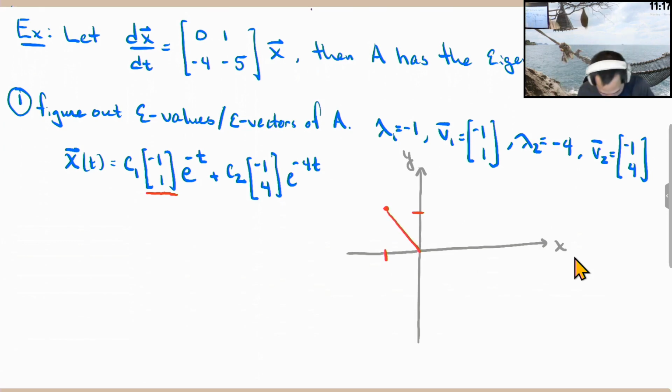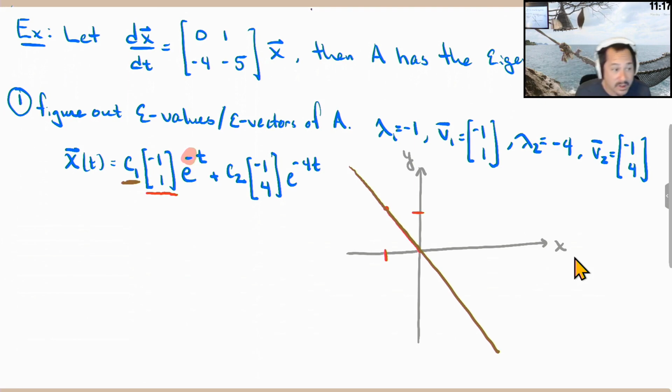That is my eigenvector. But that eigenvector has a constant multiple of C1, so any multiple of this vector would give me this eigenline. So there's my first eigenline. And now, because of this -1 in the exponent on this eigenline, what am I going to do?